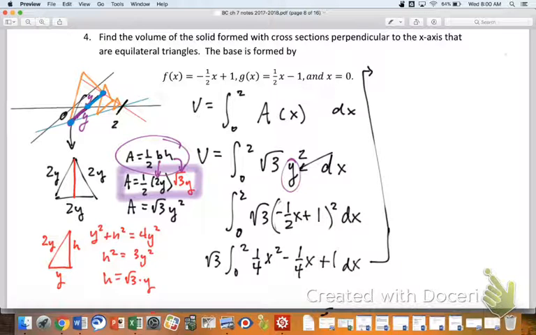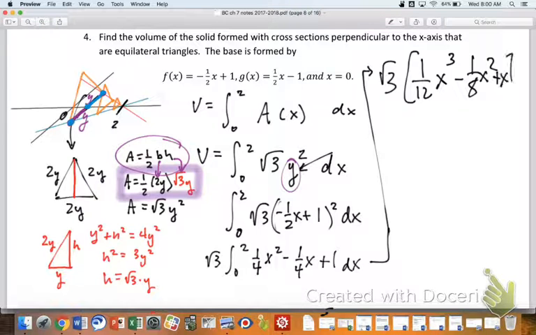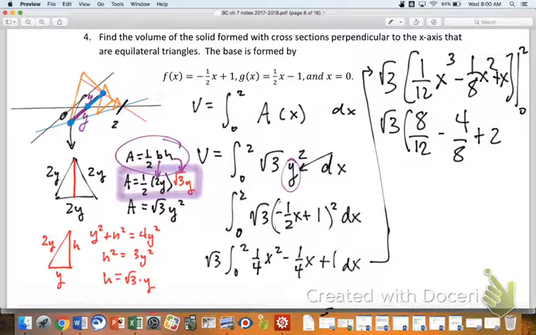And then, let's see here. That would be 8/12, 2/3 minus 1/2, so it'd be 2/3, 4/6, 1/6.